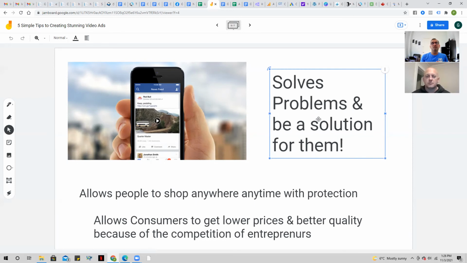But for us, we need to really identify and work more intimately with our custom audience and our cold audience as well, so that we actually solve problems for them and be a solution for them. And it's very important when you do your video messaging that you think of those problems and are conveying those solutions on a regular basis.